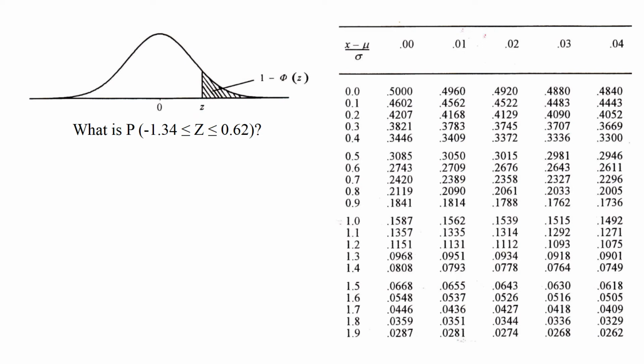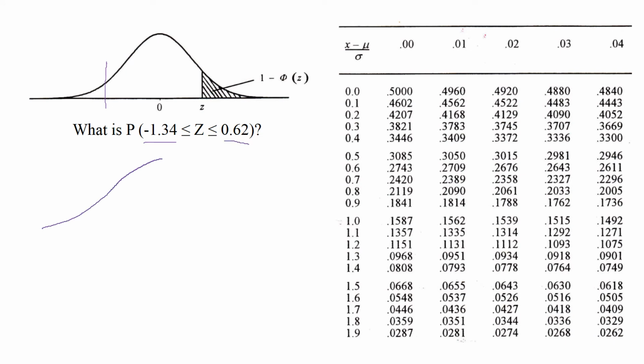Another type of question that is always asked is to find the probability in between two values of z. For this instance, we want to find the probability of the area in between negative 1.34 and 0.62.